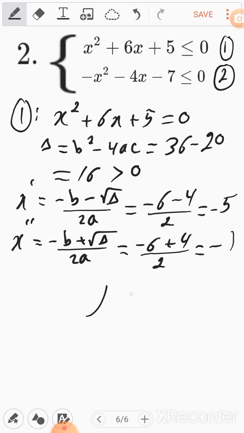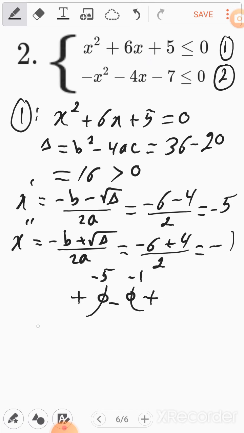So we have to find the signs because we are solving the inequality. Minus 5 is less than minus 1. Here 0, 0. A is plus 1, positive, so here plus, here minus, here plus. We need from this inequality x squared plus 6x plus 5 less than or equal to 0.